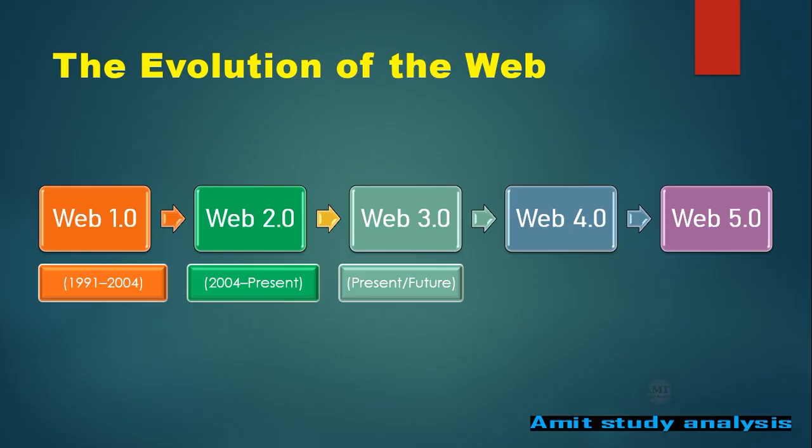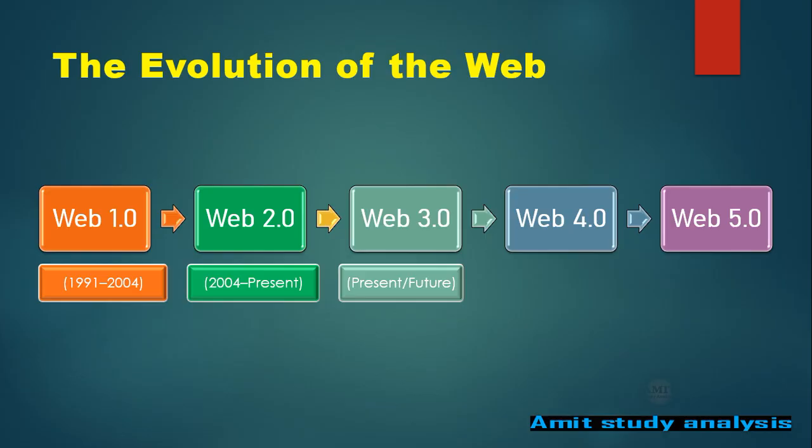Like web 2.0 comes in 2004, it doesn't mean that it started in 2004 only. It may have started previously, but a drastic change comes in 2004 and it is running up to the present. At present 2.0 is running because whatever the features of 2.0, we are using all those features today.